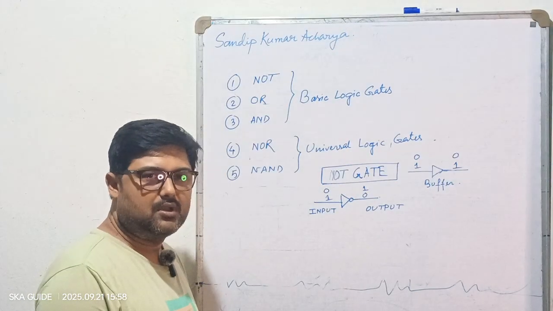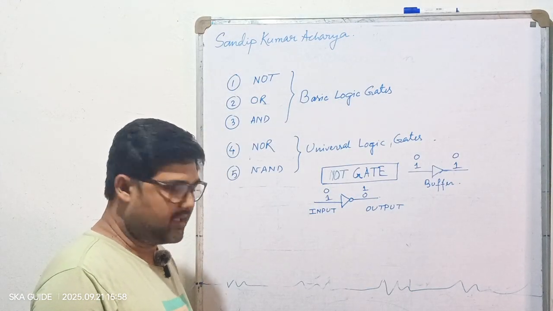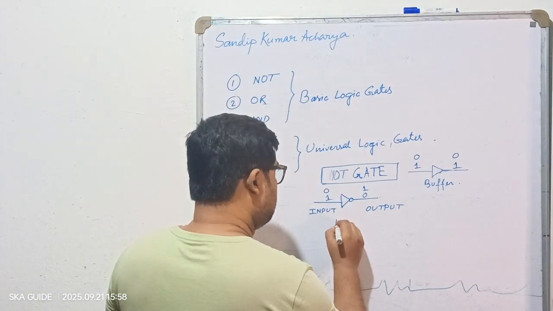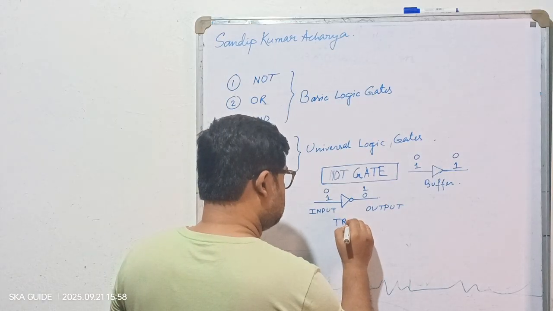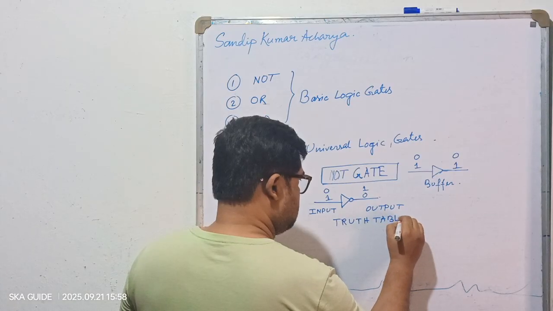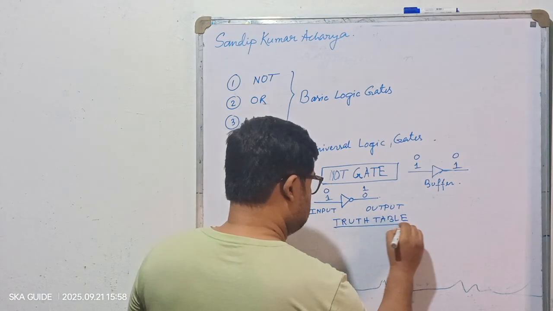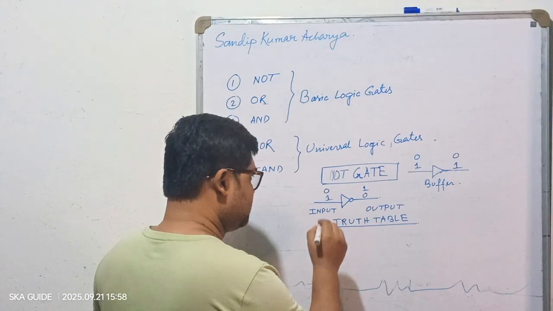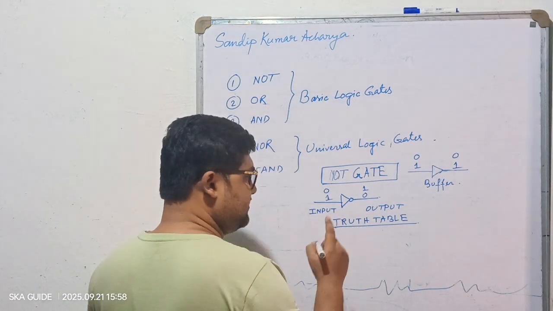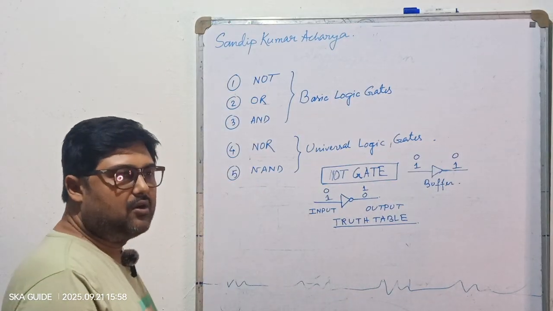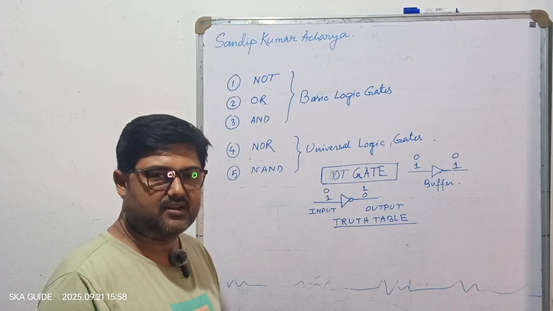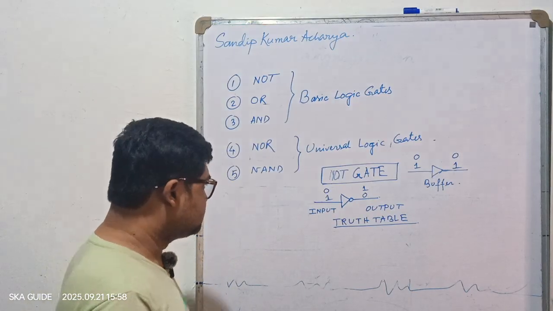Okay, now we will look at how the truth table looks like. Truth table for NOT gate. So here is 1 bit input and 1 bit output. Either you can put 0 or 1 at the input, you will get 0 or 1 at the output.